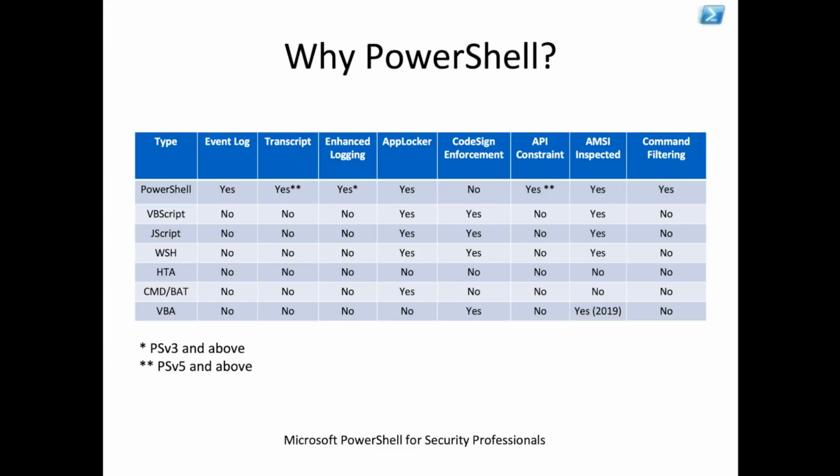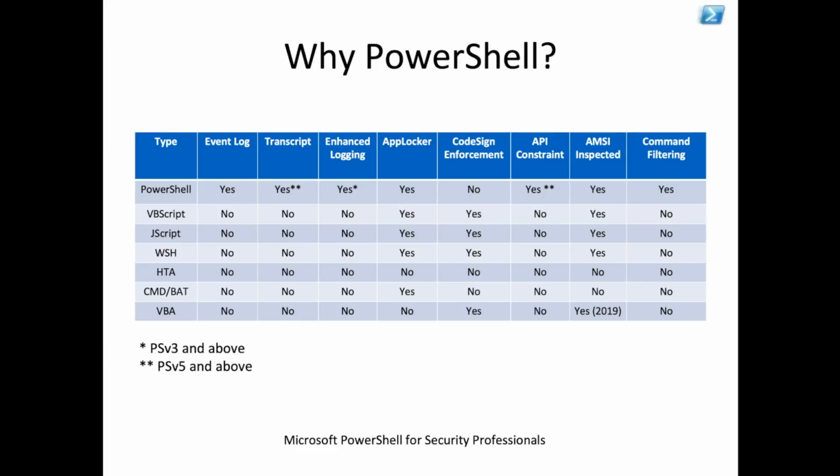AMSI inspection, yes. If you're an Office 365 user and you have the full update of last year, AMSI is actually going to be enabled by default to inspect. Now, if you install Office 2019, you still need to set up a registry key to enable AMSI inspection, but it is there in case you want to do it.